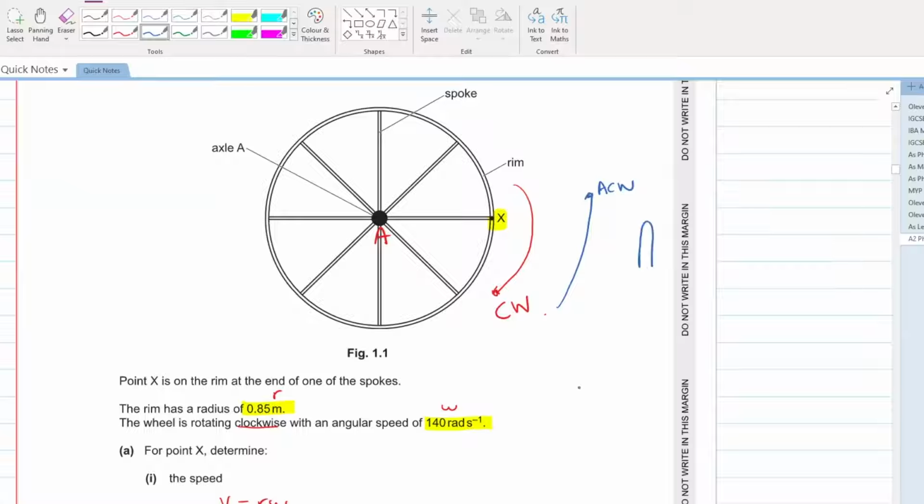Perfect. एक सेकंड क्या किसी का सवाल है? Lenz's law will state that your force is acting in the anti-clockwise direction. Now, if your force is acting in the anti-clockwise direction, and do you know where is the direction of the magnetic field?